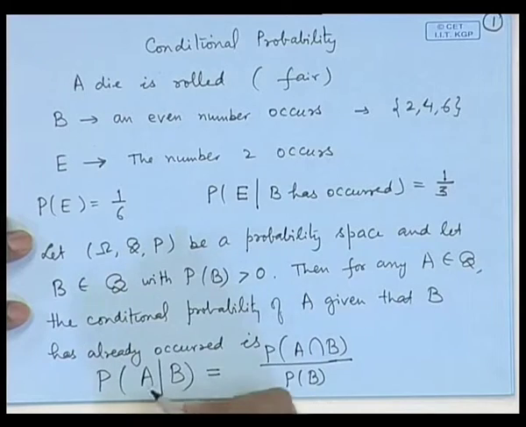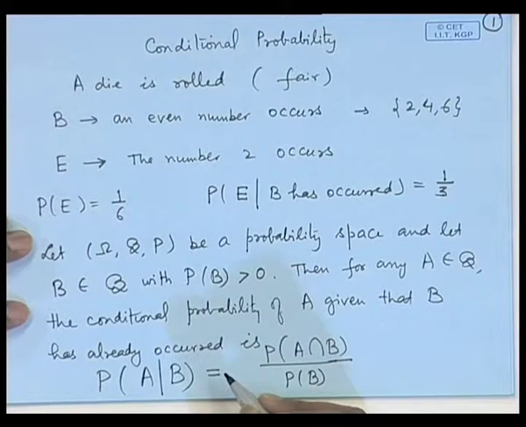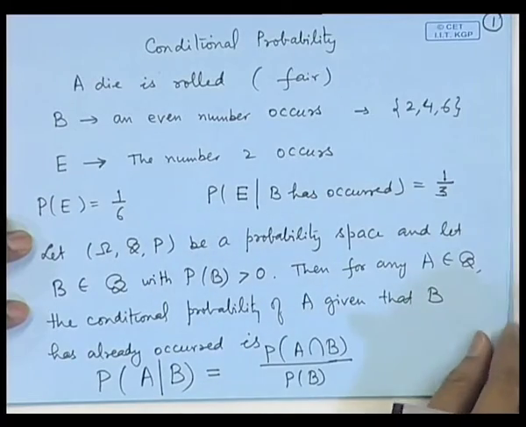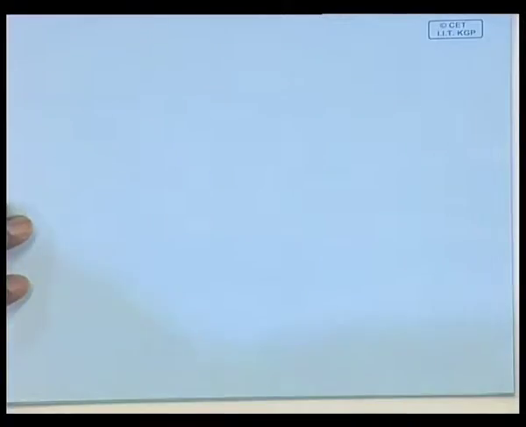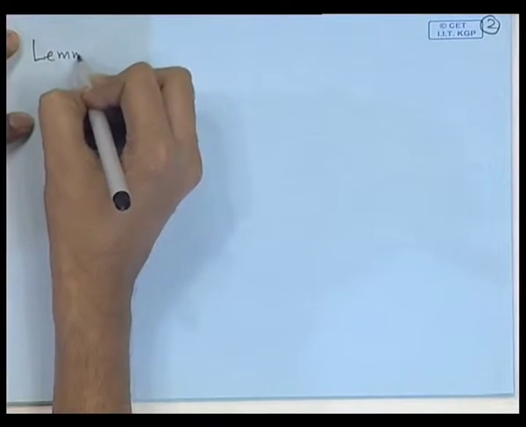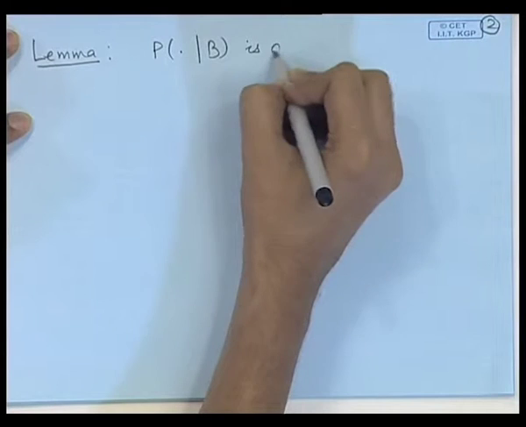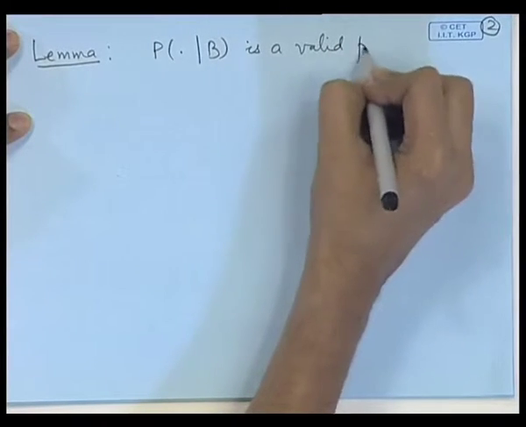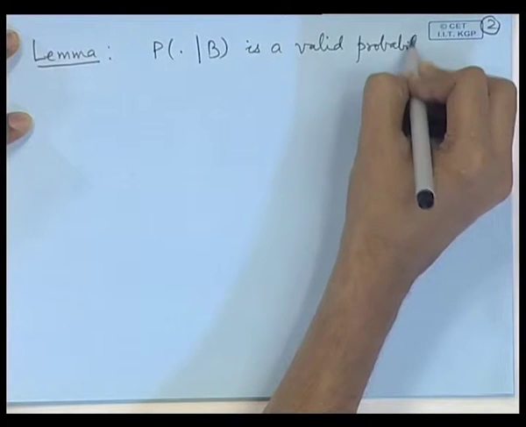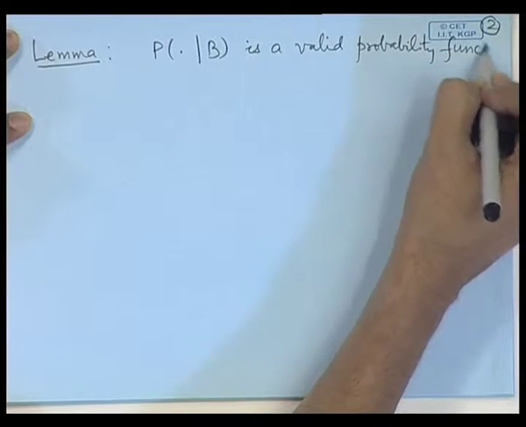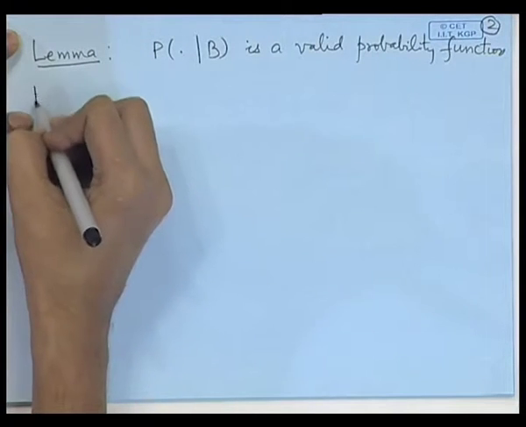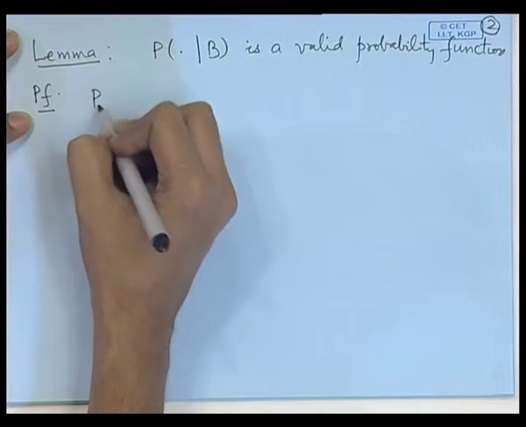Now, given any event B, if we are defining the probability of A, then first of all we should check whether it is a proper probability function satisfying the axioms of probability. Let us check that. We state as a result that P(. given B) is a valid probability function, meaning that it will satisfy the 3 axioms.